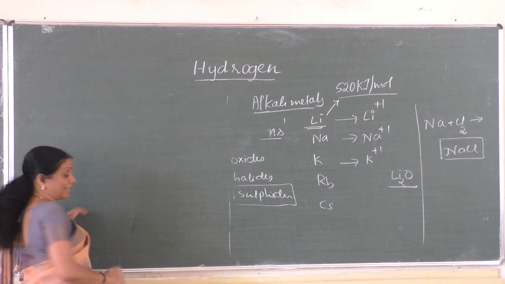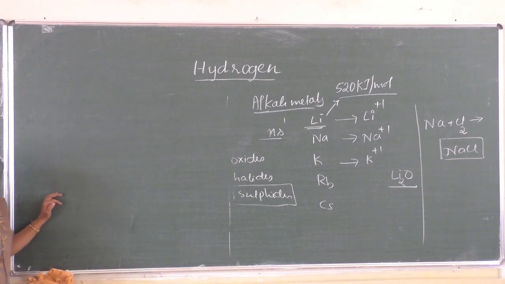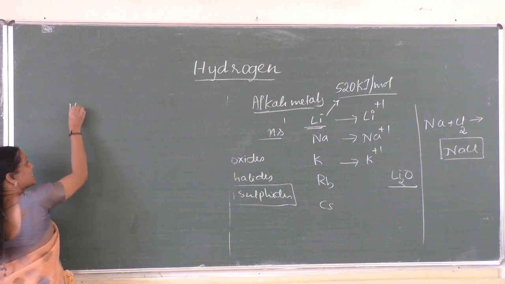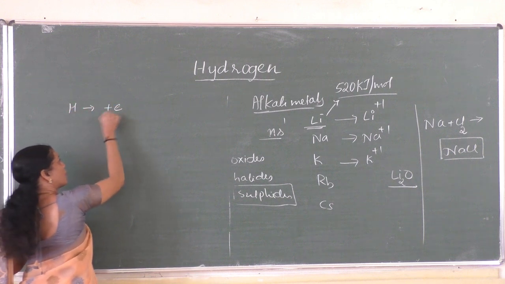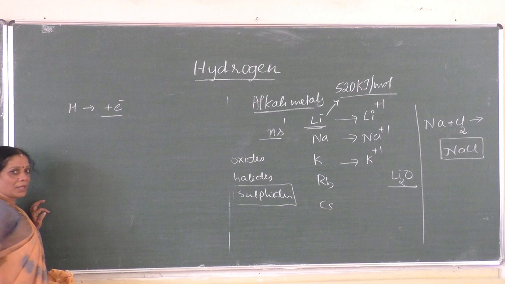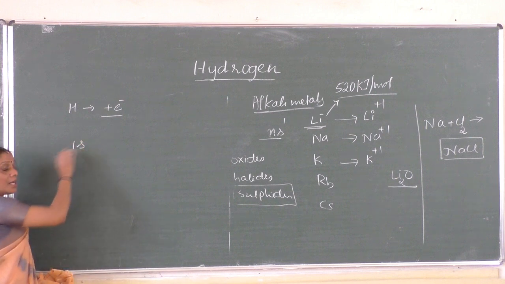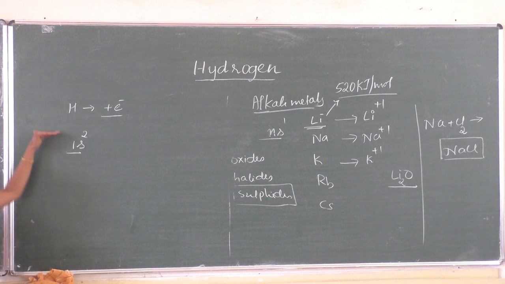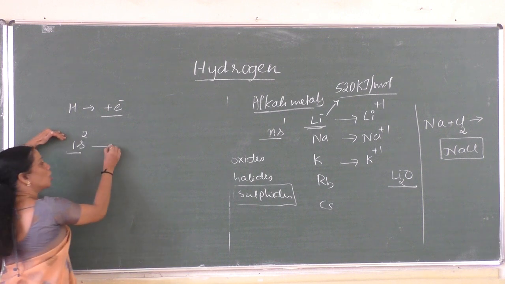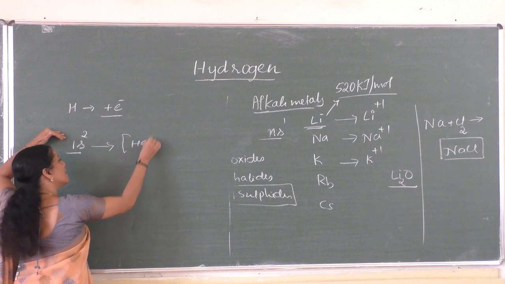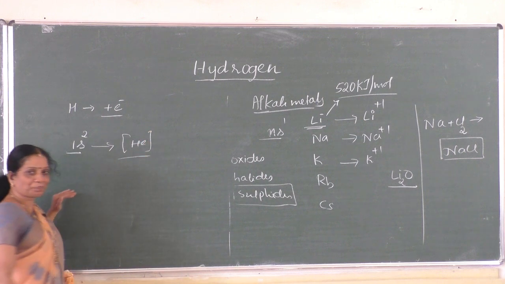Therefore, to complete its electronic configuration and reach the highly stable state, hydrogen has the tendency to gain what? One more electron. Therefore, it can reach the stable configuration, nothing but 1s2 configuration. This 1s2 configuration is always called a duplet configuration. By gaining one electron, it can reach what? Duplet configuration, nothing but noble gas configuration, that is the helium configuration.